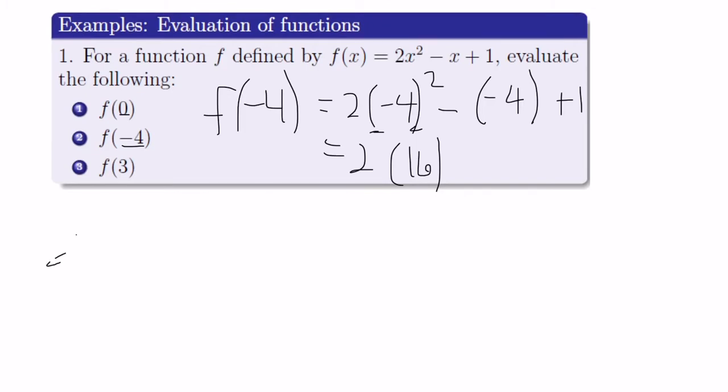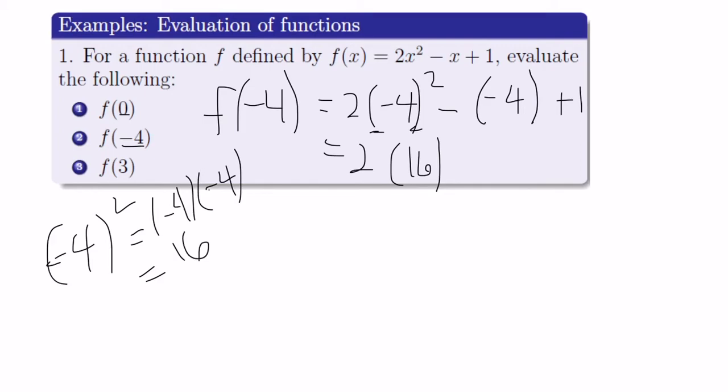Negative 4 square is equal to negative 4 times negative 4. So 16. But when you say negative 4 square without parentheses, meaning only 4 has 2 copies, so negative 4 times 4, which is negative 16. In this case, it has parentheses, so we will use the first one, 16.